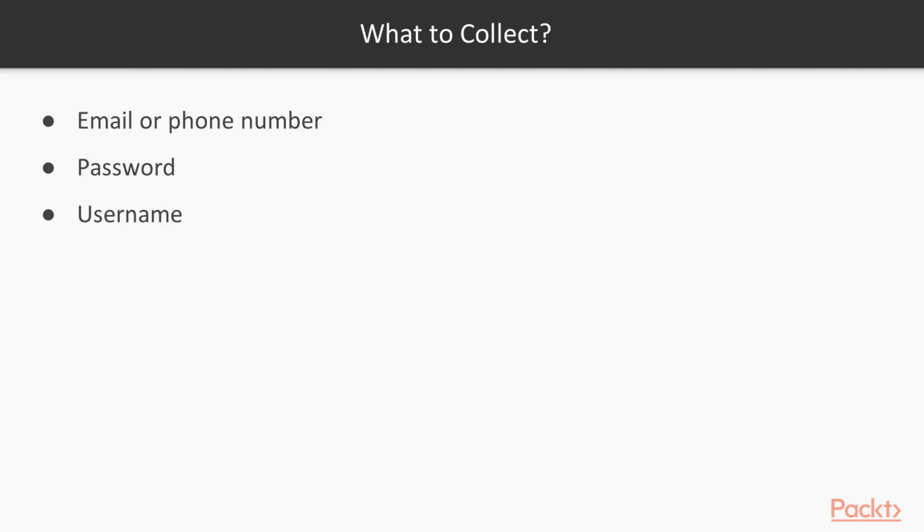Let's start by looking at what we collect. We'll need something like an email or a phone number that will allow us to send password reset messages of some kind. And we really can't get away from that in most systems we build. We'll also need a password if we're going to do password-based authentication, and we might look at some alternatives to that later, but we probably don't need to ask them for any other profile information up front.